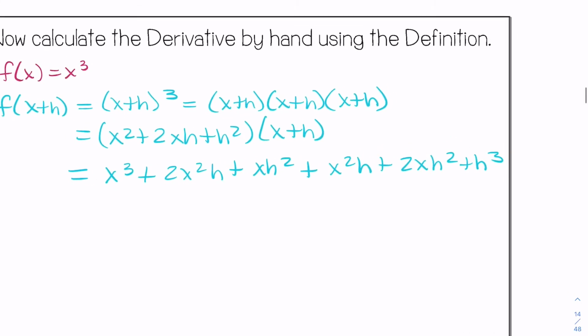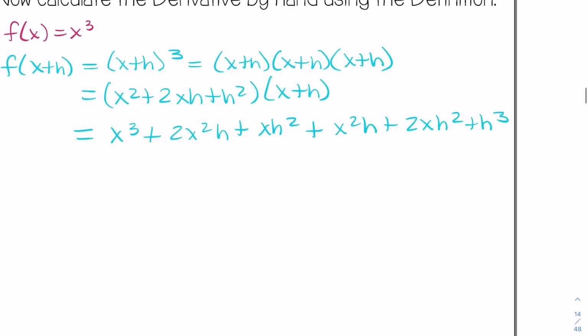I think I did that all right. Let's see. Multiplied everything by x. Yep. And then h is x squared h. Yep. And h cubed. Okay. So now I need to simplify it.